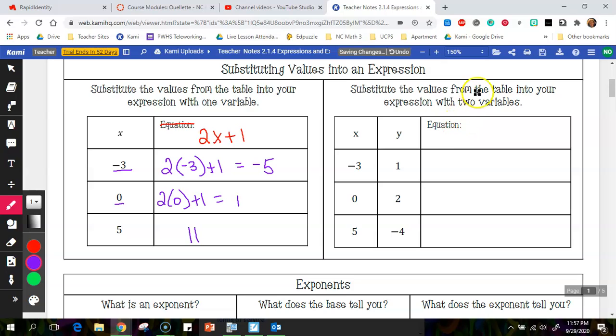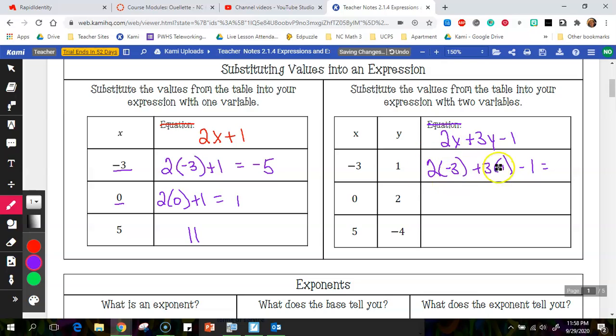All right, same thing over here. It's not an equation, it's an expression. So if my expression was 2x plus 3y minus 1, and I'm given the x and the y, in this case I'm going to plug in the -3 for the x and the 1 for the y, and then do the math there.